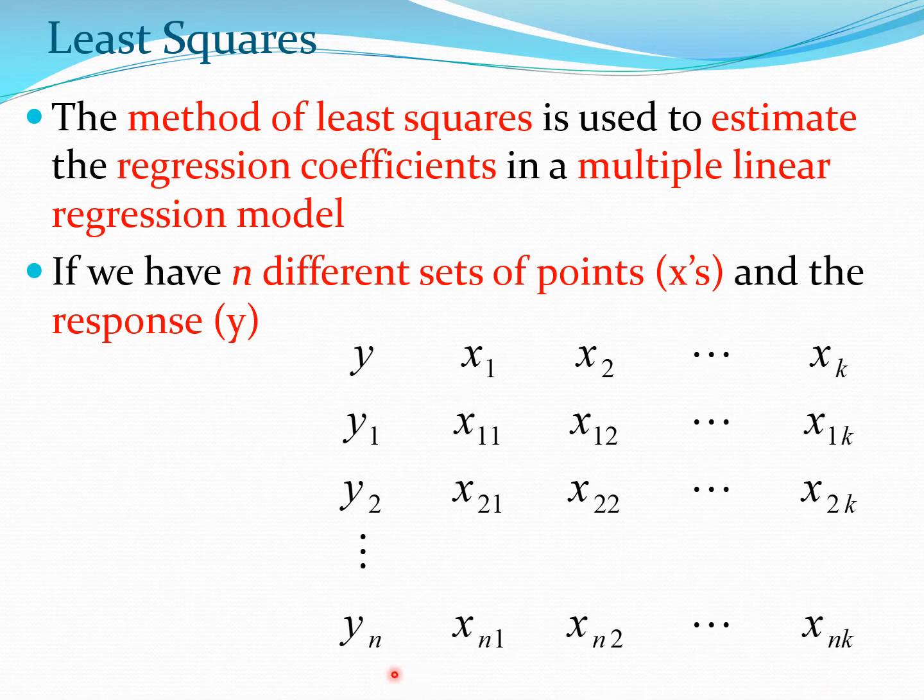So at the end of this particular process, we have obtained n samples of this value y, and we have given n samples of this vector x. So in each of these cases, a vector x has been fed into the system and a scalar y has been brought out.